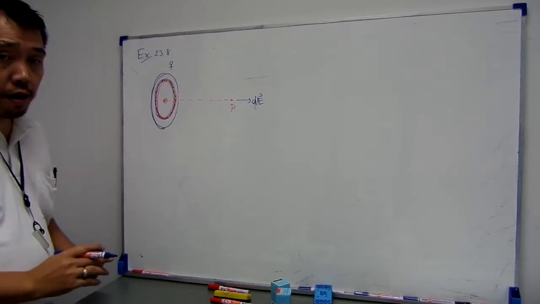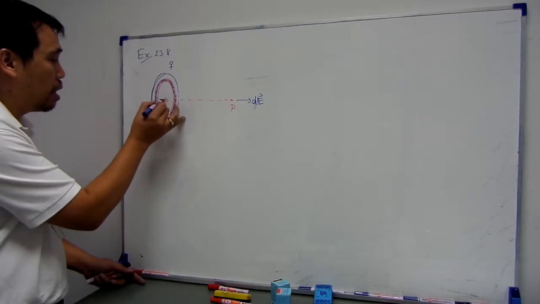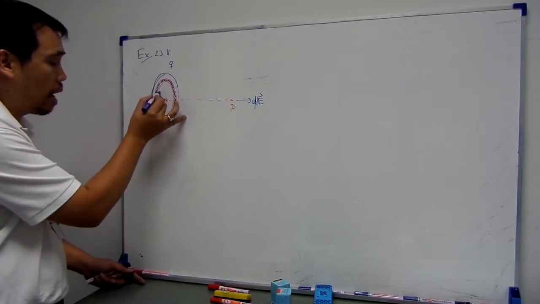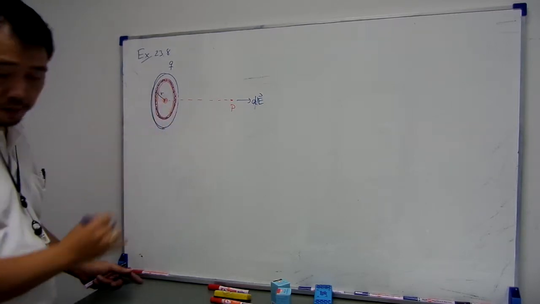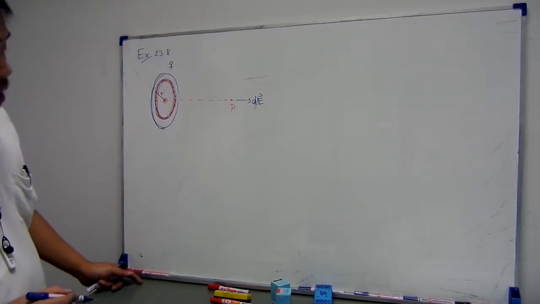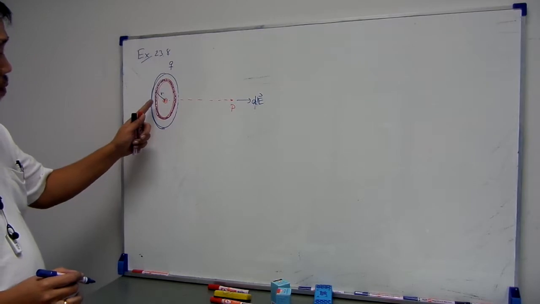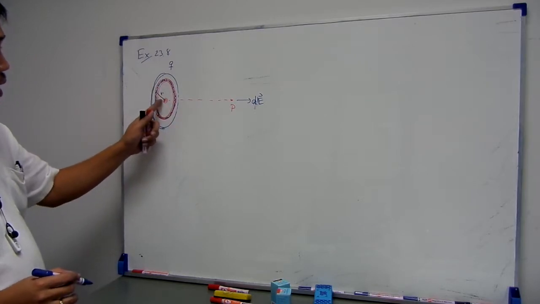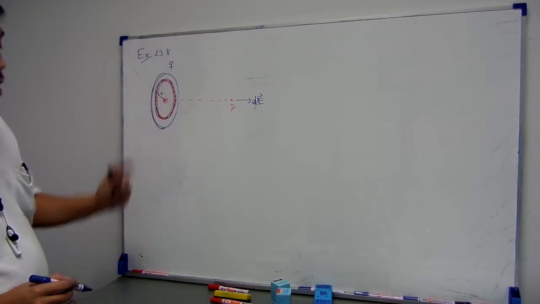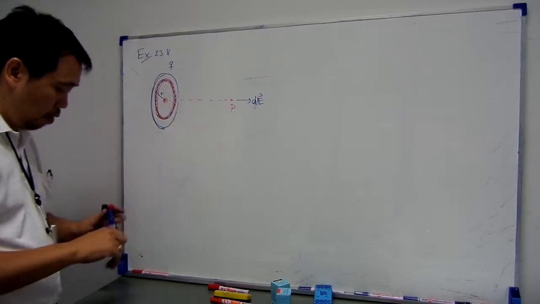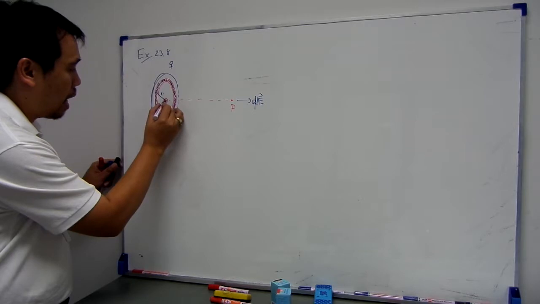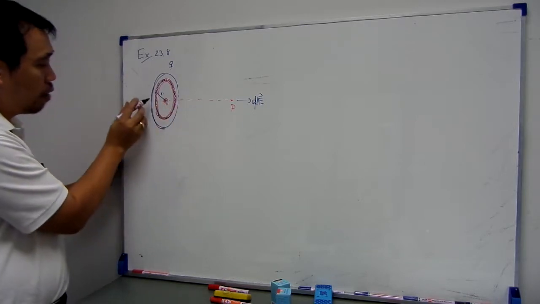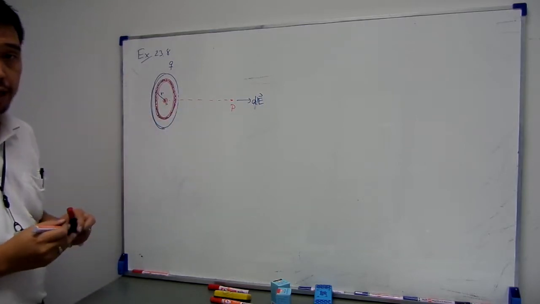The difference of each ring is the radius. If you look at the inner ring, the R is small. If you look at the outer ring, the R is large.